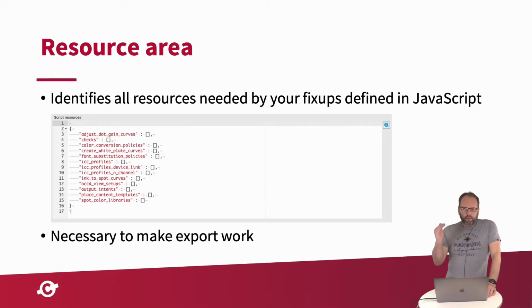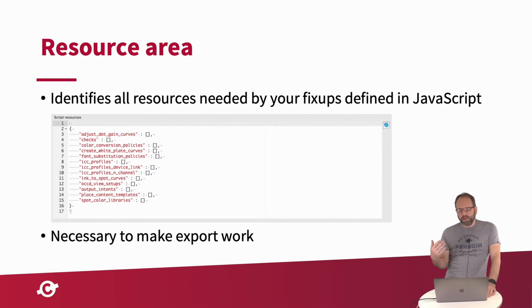Okay, so the resource area. That's the second area, the one that you have at the bottom of the fixup. That is where you specify which resources are needed by the fixup that you're describing in JavaScript. And that is not empty when you create a new fixup. It will always contain a number of properties.